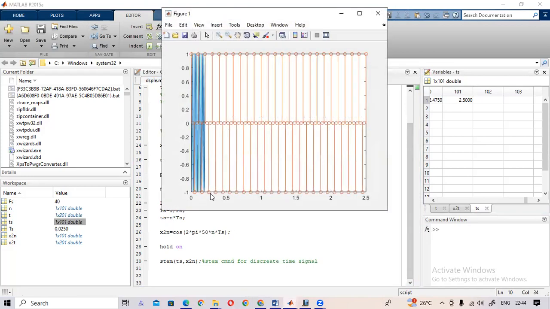So this is 0.5 around here. Up to this level we can see the signal, around 0.2, but up to 2.5 you have the time values, those sample values. So we need not go up to this level.